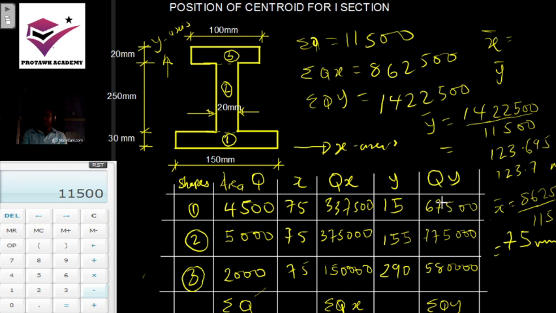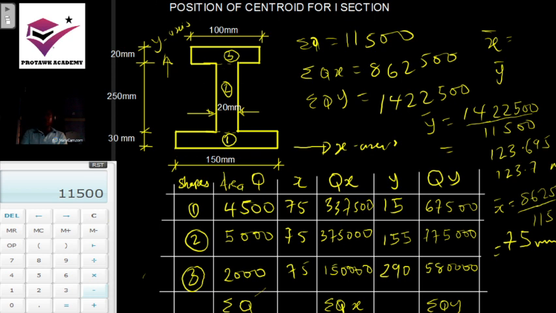The 75 millimeter is the x-axis value, and the y-axis value is 123.7 millimeter. So that is our centroidal distance along the x-axis and y-axis. We can trace it out here using a straight line.